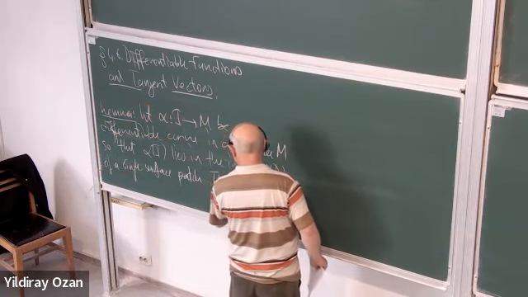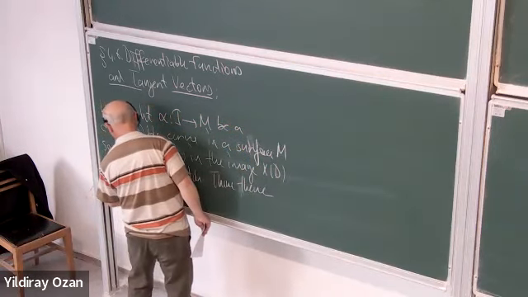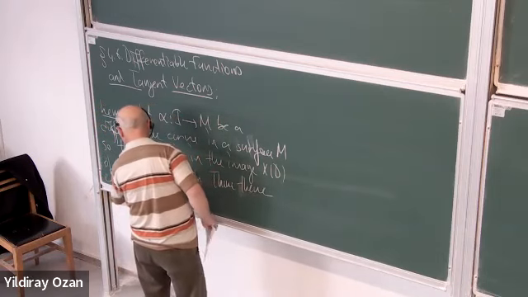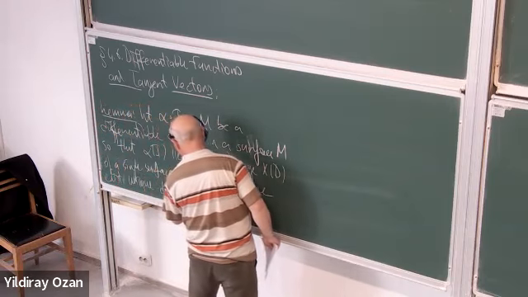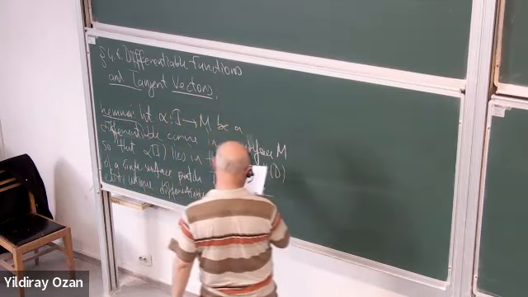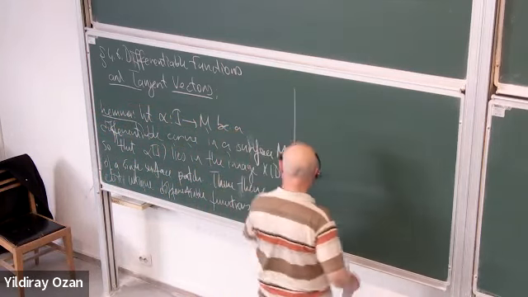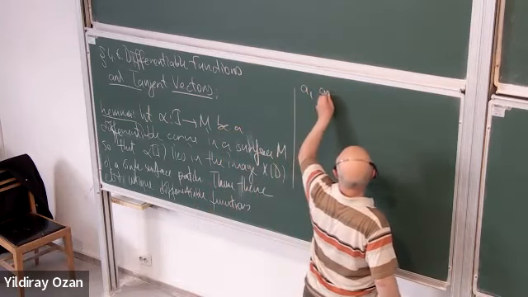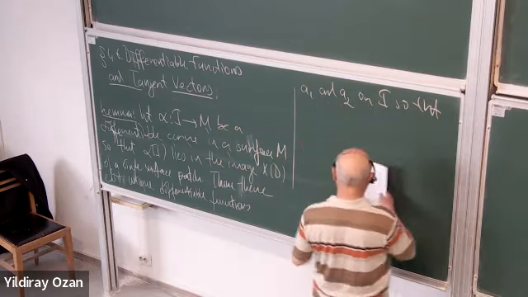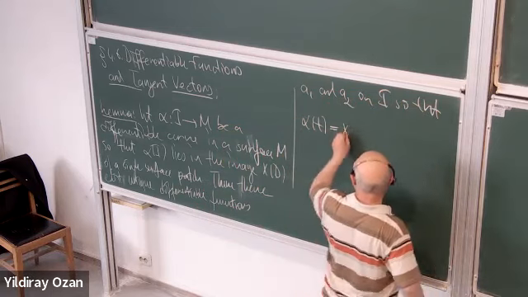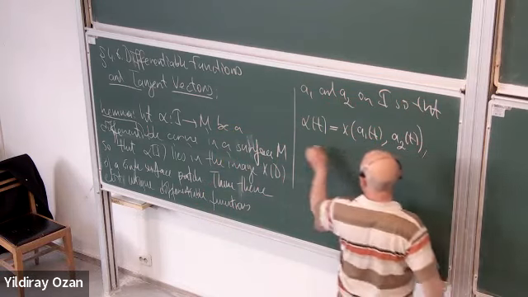Then there exist unique differentiable functions a1 and a2 on I, so that alpha of t is given by x of a1(t), a2(t) for all t.